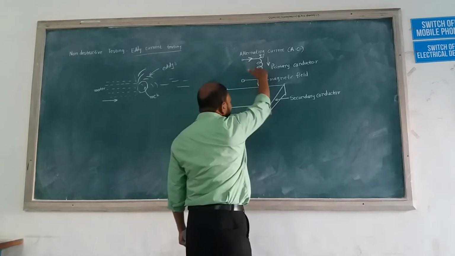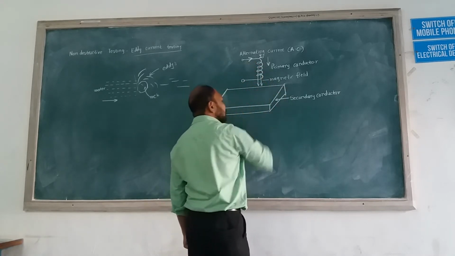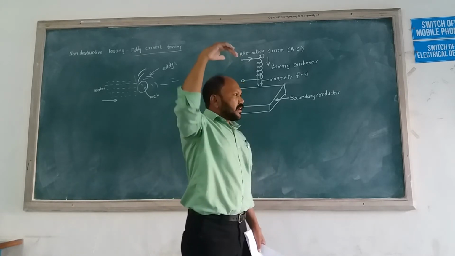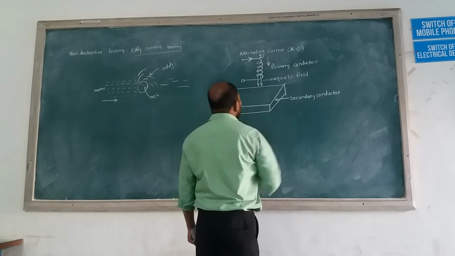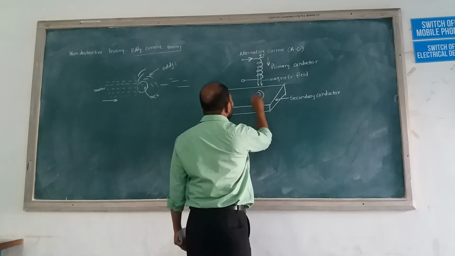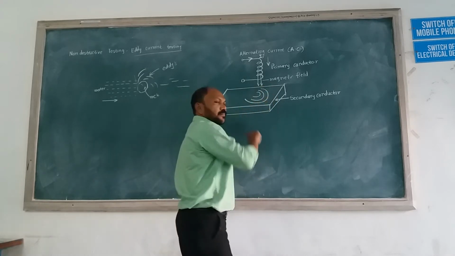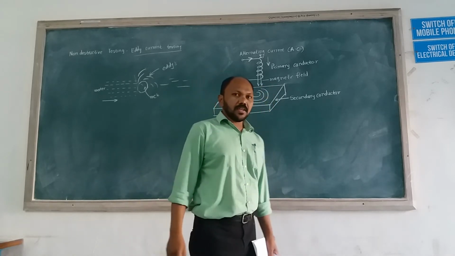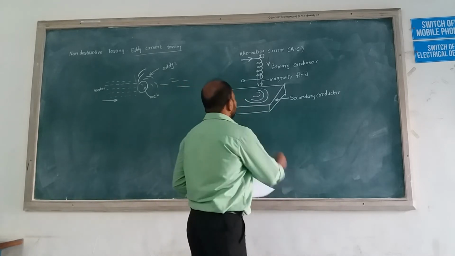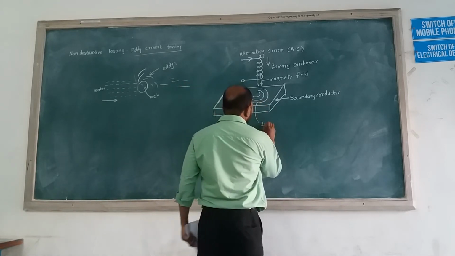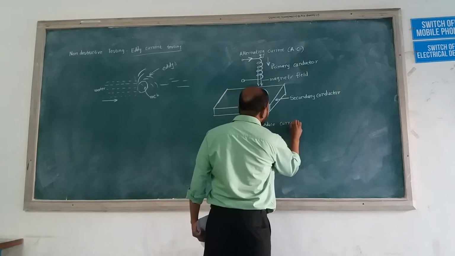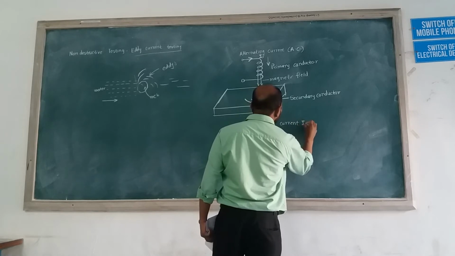That magnetic field comes towards this secondary conductor. Okay, and when this magnetic field enters this conductor, then again current flows on the surface. So this is nothing but induced current, which we call I2 in this case.